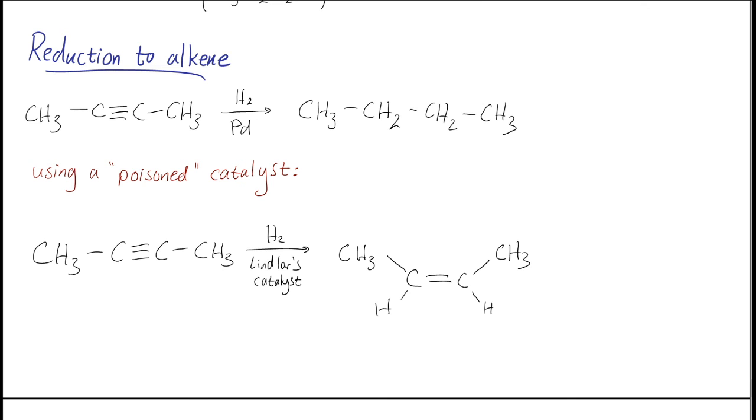So with the regular catalyst, we go from 2-butyne to butane. With the poisoned catalyst, you go from 2-butyne to cis-2-butene.